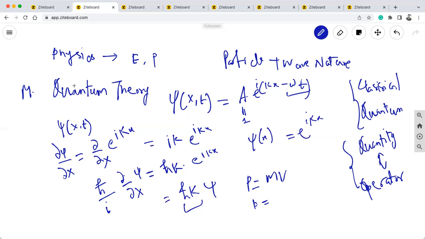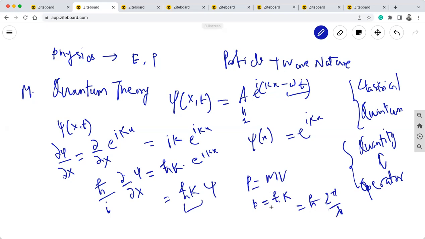By using the quantum description of matter, it is h bar k, where k is the wave number, and you can write it as 2 pi by lambda. So this is very straightforward.